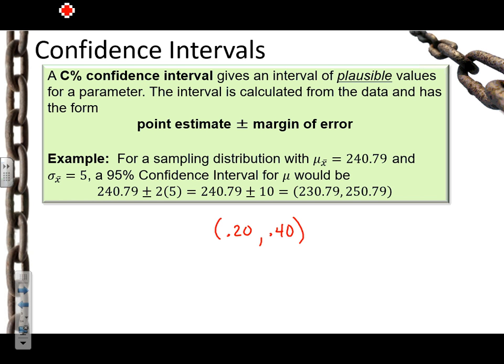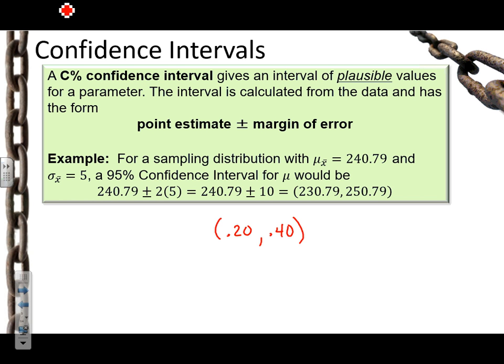So if I was looking at these two values, where does my point estimate, 240.79, fall? Directly in the middle. When we create our interval, we are starting at point 0, our sample value. And from that point, we're reaching the same distance above and below.